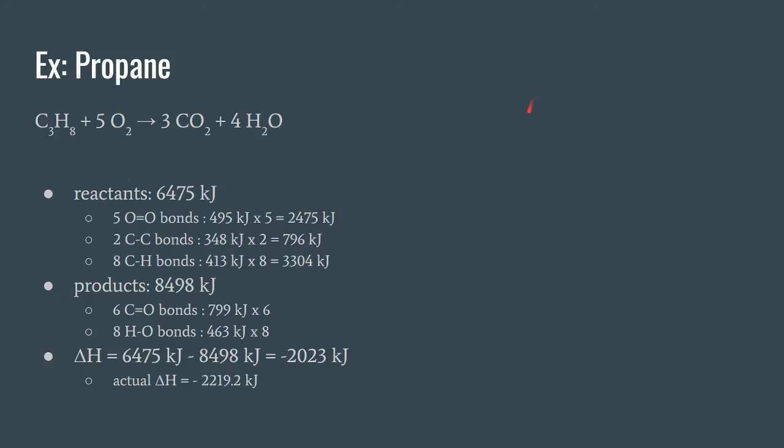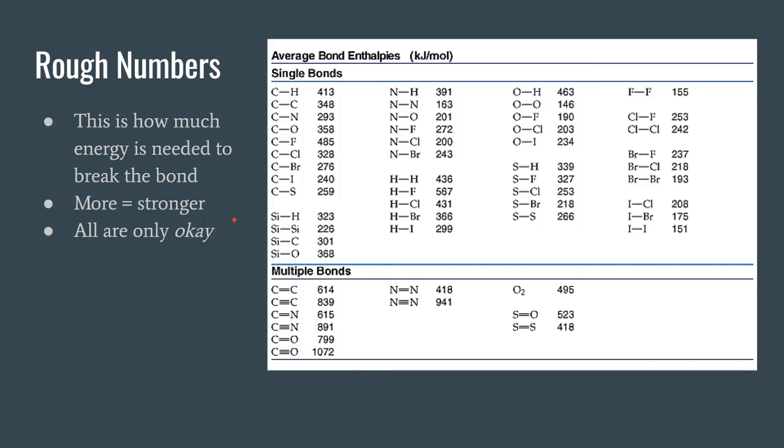So, for example, propane. Propane plus oxygen makes CO2 and H2O. Okay. So we have 5 oxygen-oxygen double bonds in our reactants. Each of those is 495. These numbers are right off of this table right here. So oxygen-oxygen double bond, 495 kilojoules per mole.